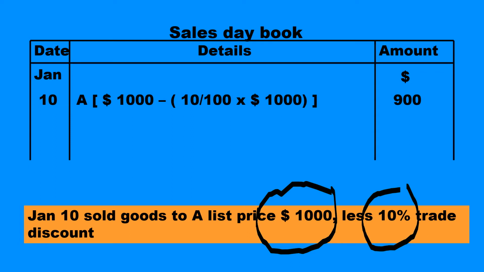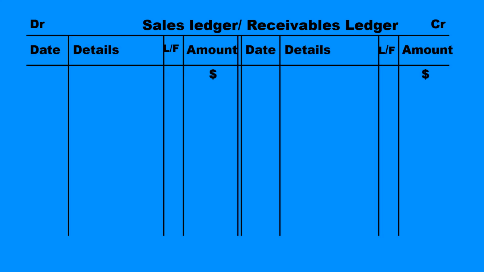It is this 900 that will be recorded in the books as goods sold to A. Therefore, in the sales ledger, also known as the receivables ledger, in the account of A, on the debit side, we have January 10th, sales 900.